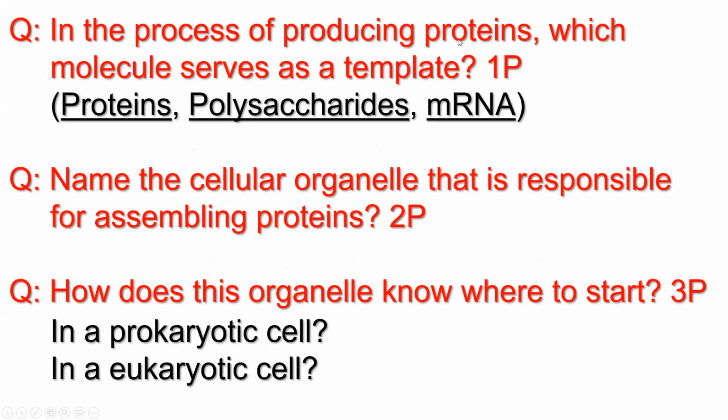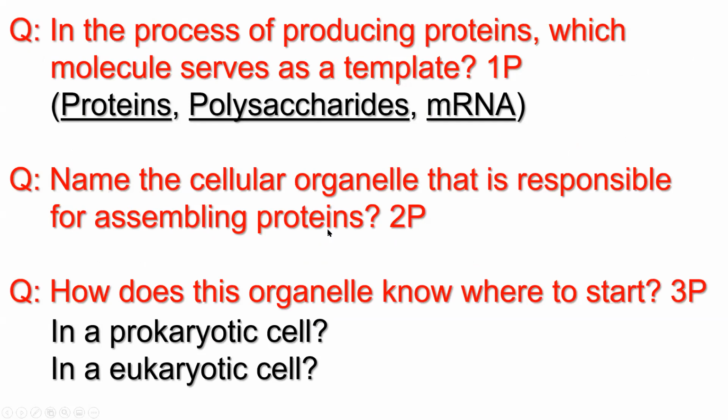In the process of producing proteins, which we call translation, which molecule serves as a template? The template for this process is your messenger RNA. So messenger RNA is a template to make proteins. And I will ask you this: name the organelle that is responsible for assembling and making proteins.